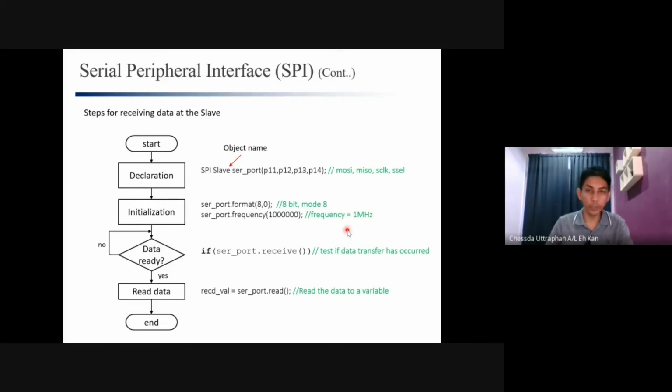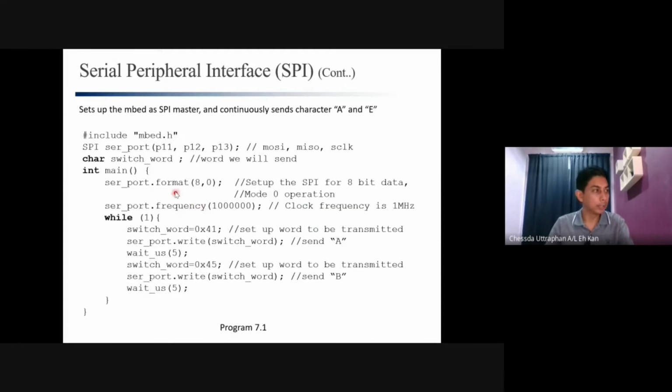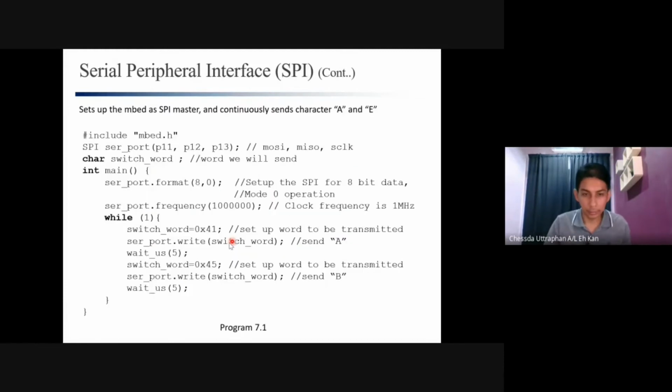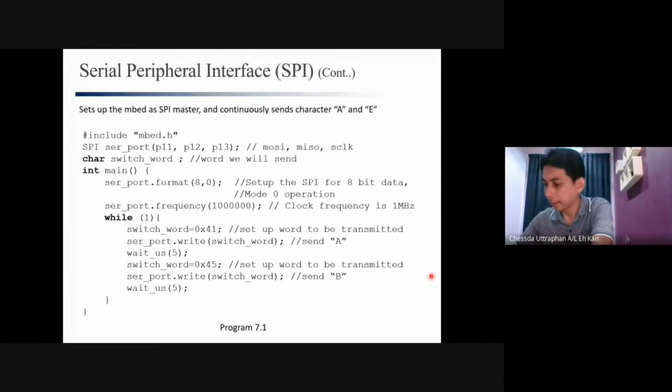If no question, let's go to the next example where we write the program for the setting like this. I draw the setting for you first so that you can get the idea.